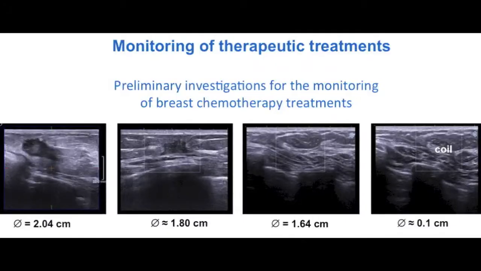So if I take a simple example, let's say I'm looking at a breast lesion. Usually, when I have a lesion in the breast, I will want to follow up the evolution of its size when I look at B-mode. Now, with ShearWave elastography, you will also be able to look at the evolution of the stiffness of that lesion in time.